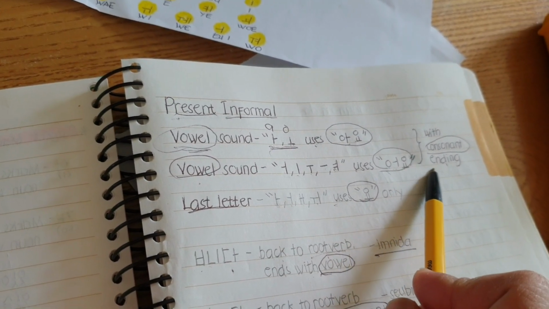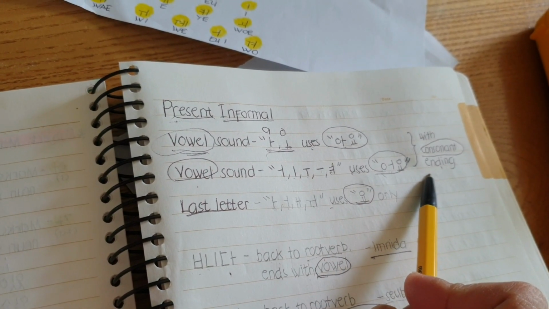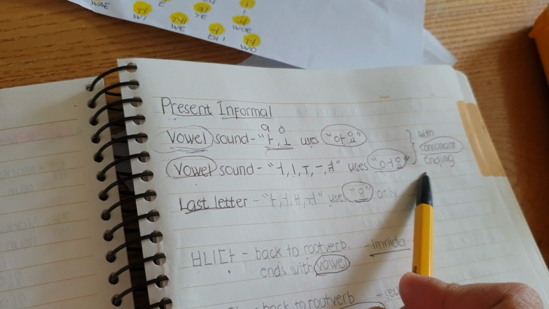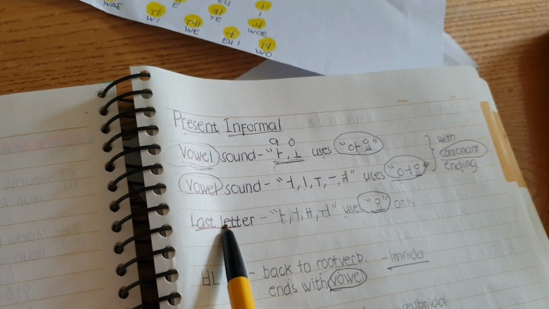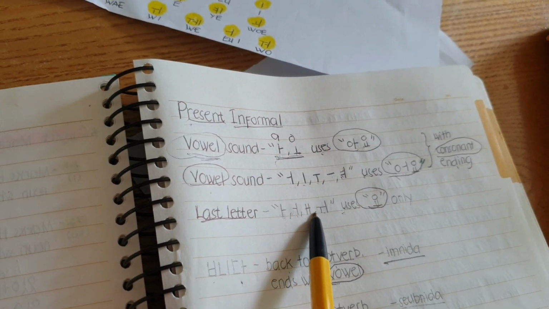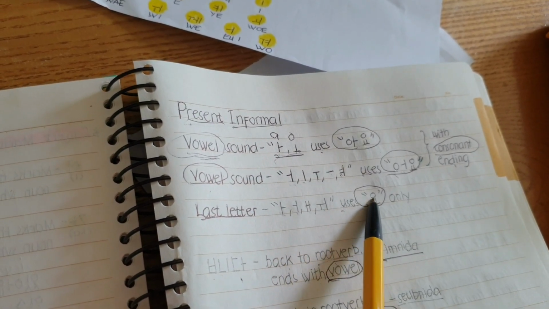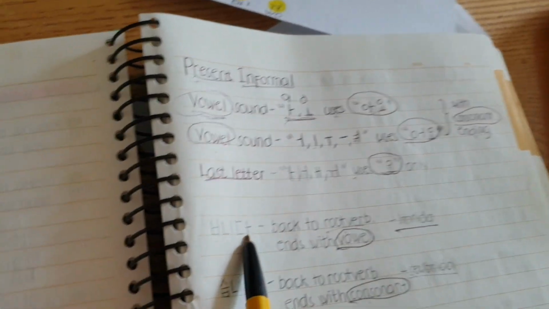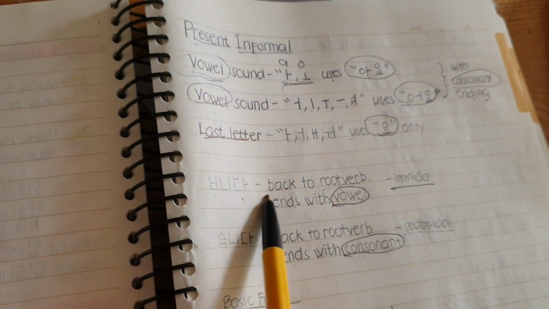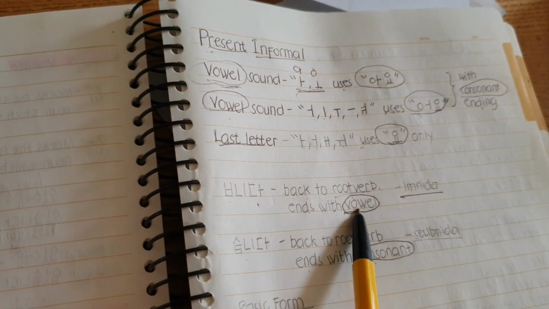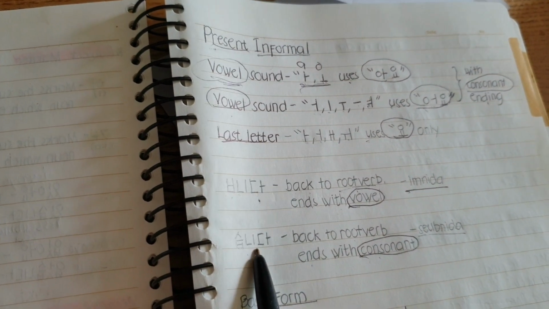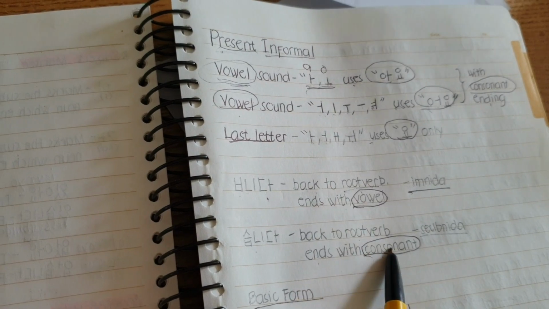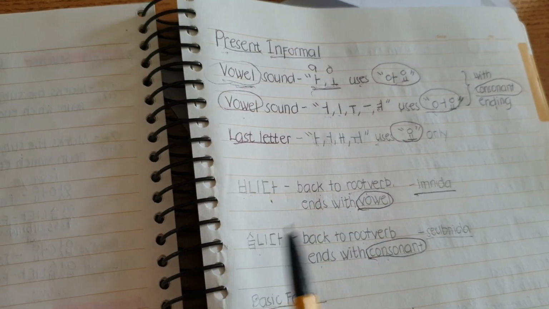Okay, with consonant ending, then the last letter of the root verb is a, o, e, we use yo only. Okay, then also this one, if the root verb ends with vowel, you're just gonna add 비입니다. Then if the root verb ends with consonant, you're just gonna add 습니다.